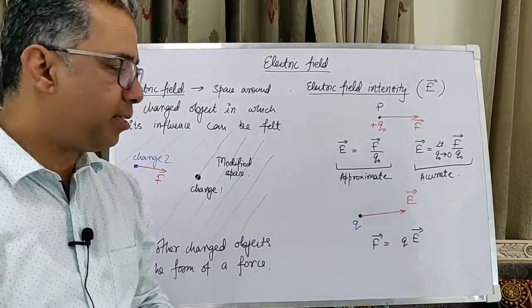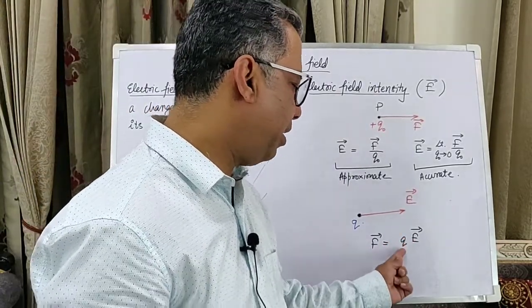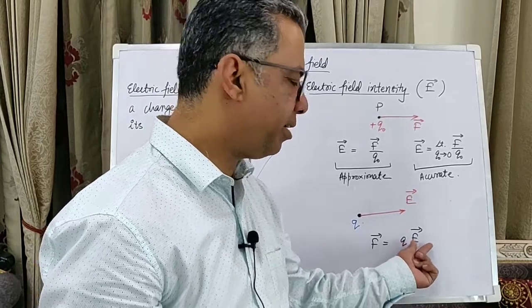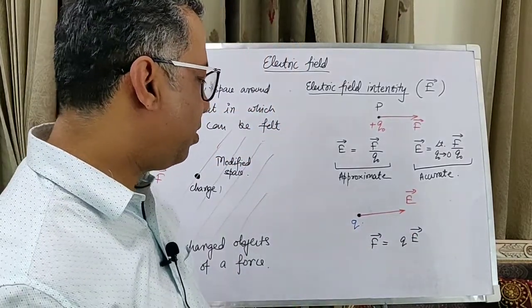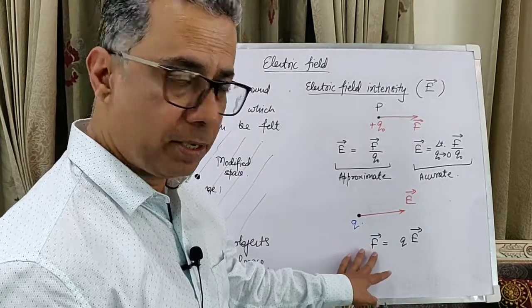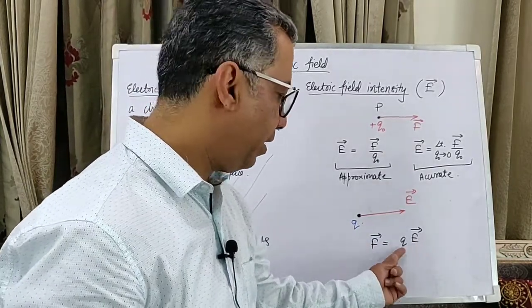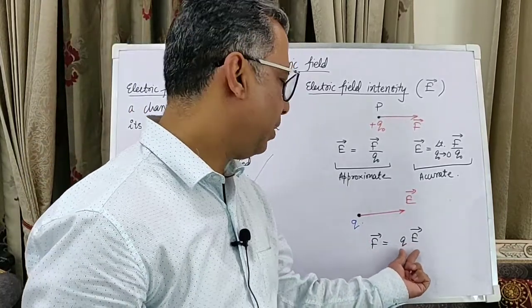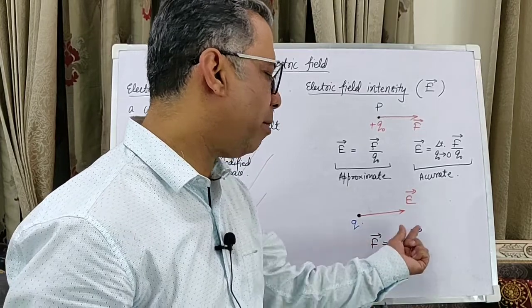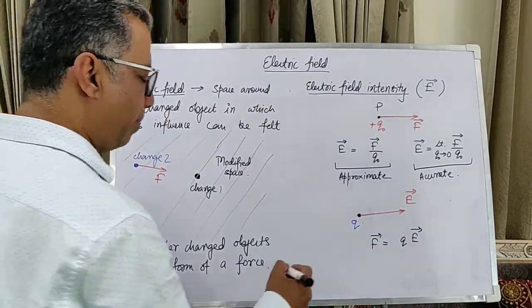Now this is a classic example of multiplication of a scalar charge with a vector electric field intensity. The direction of the product will be the same as that of the electric field intensity if the scalar is positive, and if the scalar is negative, the direction of the product will be opposite to the direction of the electric field intensity.